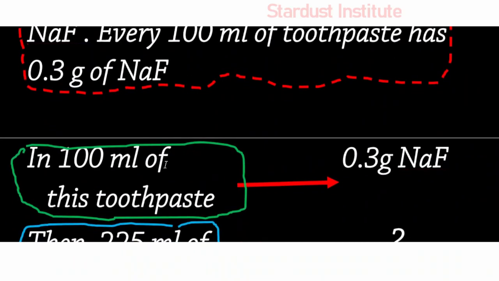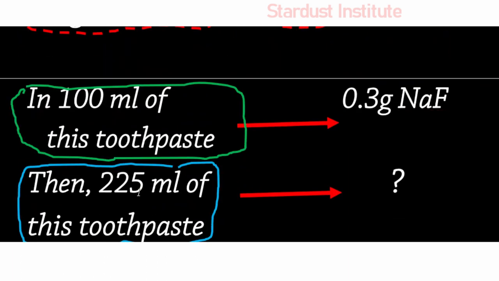Therefore, in 100 milliliter of this toothpaste, there are 0.3 grams of sodium chloride. Then, in 225 milliliter of this toothpaste, how many grams of sodium chloride are there?